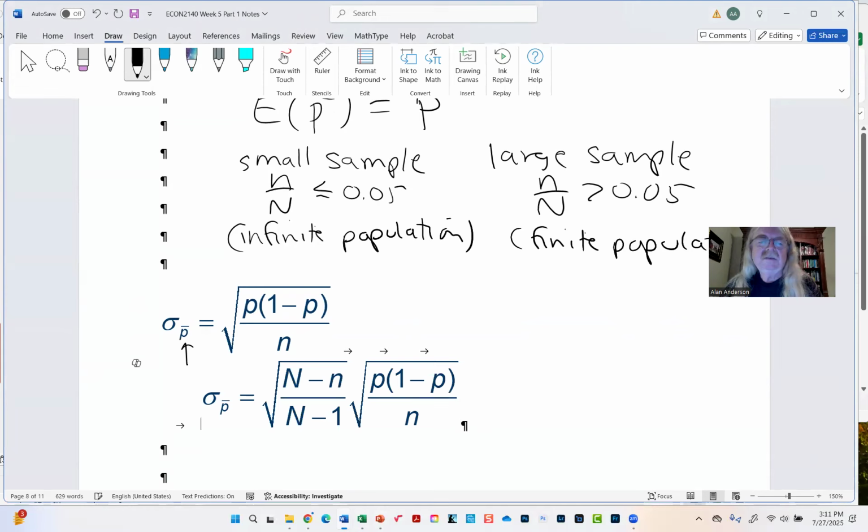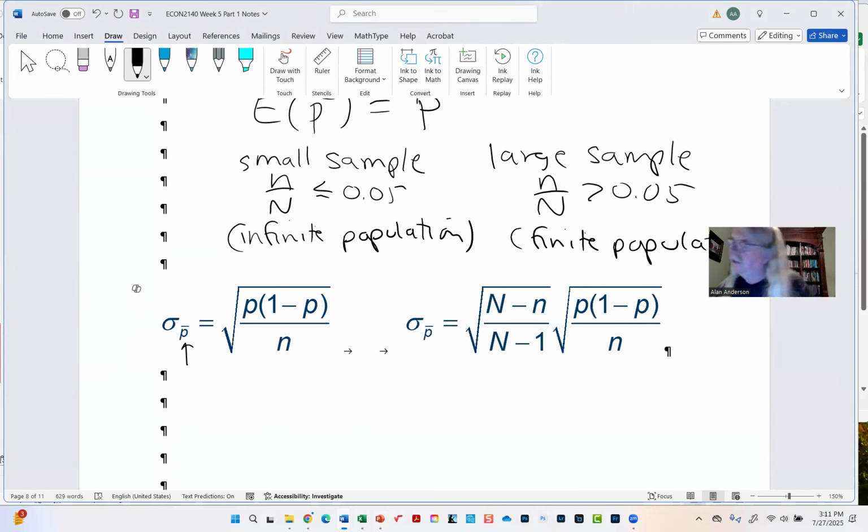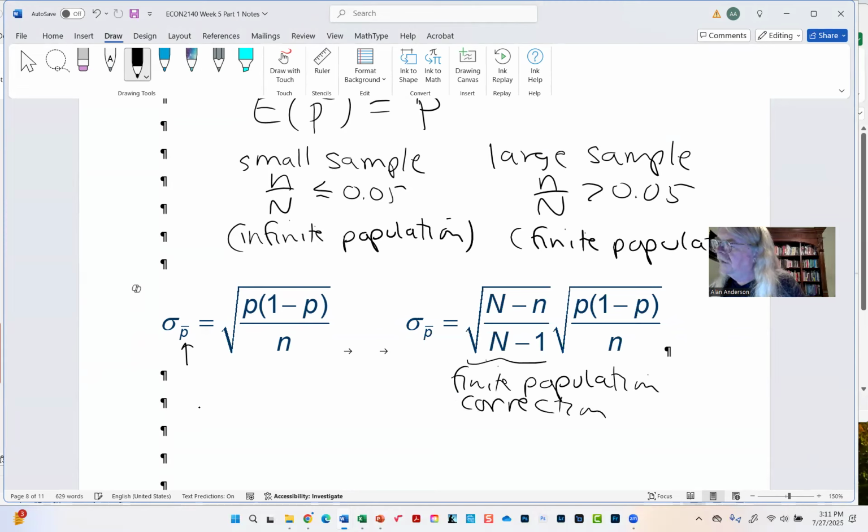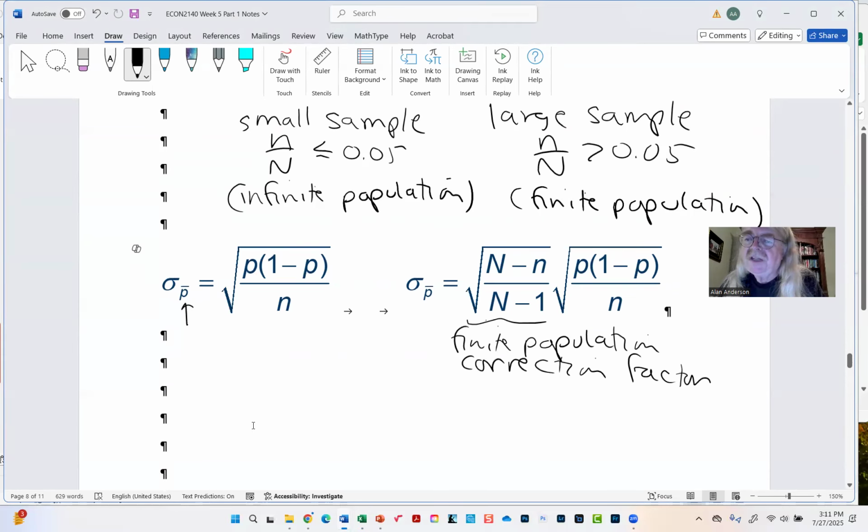Coincidence? No. This is our finite population correction factor. So we use that just in case we have an unusually large sample, which means we have to correct for the standard deviation.